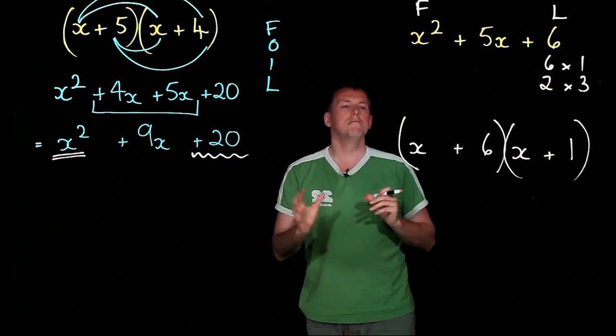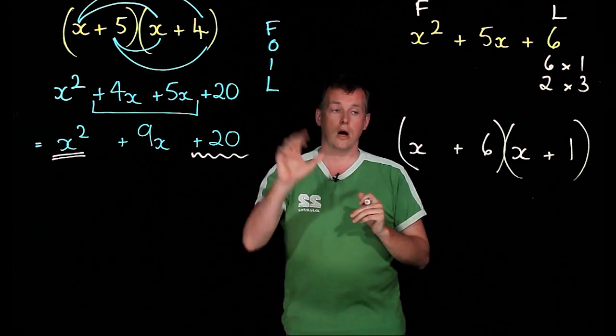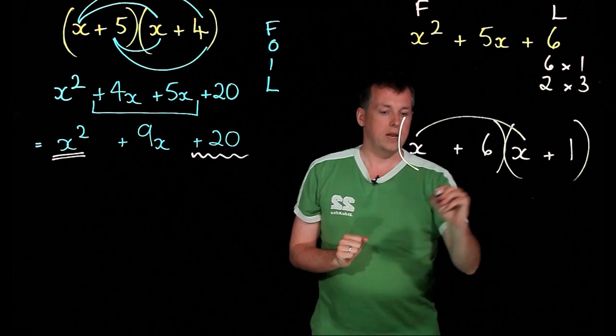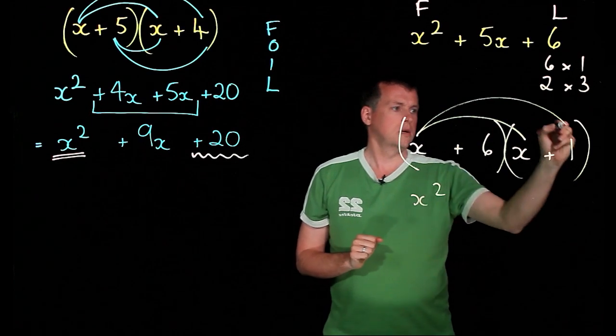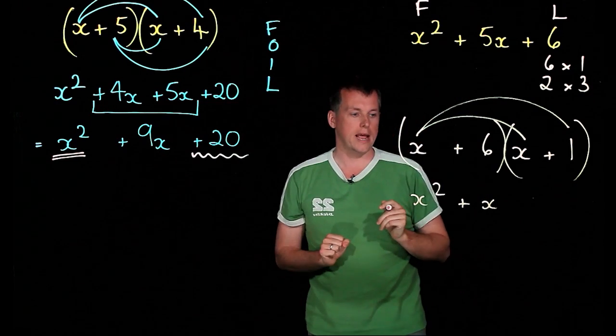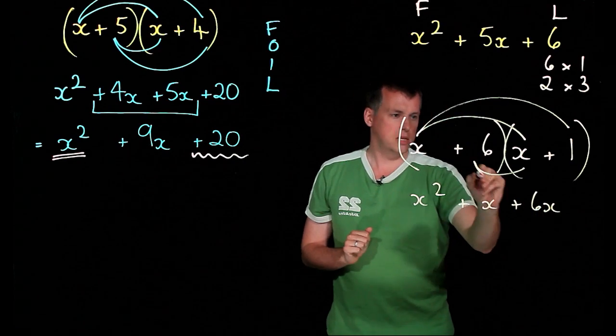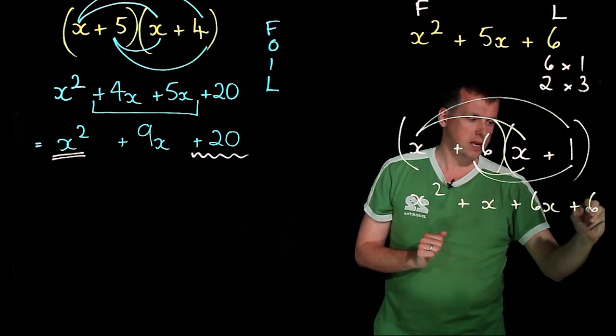Okay, if we multiply this out to see if we get our correct solution here, using our FOIL method, we'll end up with x squared plus 1x. We don't write 1x, we'll just write it as a single x term there, plus 6x, and 6 times 1 gives me plus 6.